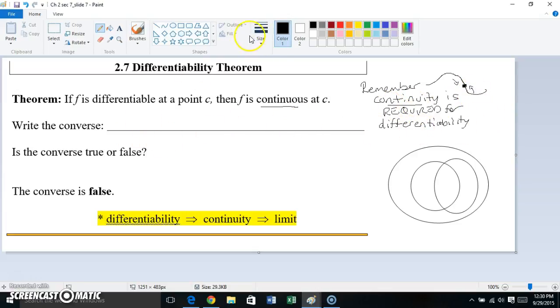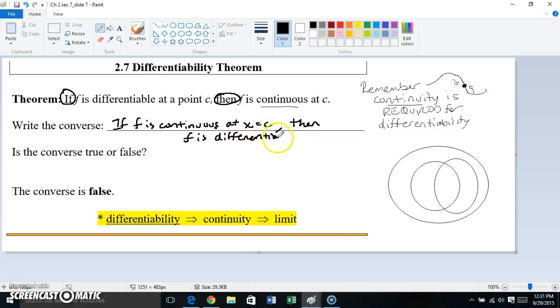Okay, what's a converse? Do you remember a converse? That's when you switch the if and the then sections of the statement. So it would say, if f is continuous at x equals c, then f is differentiable at x equals c.